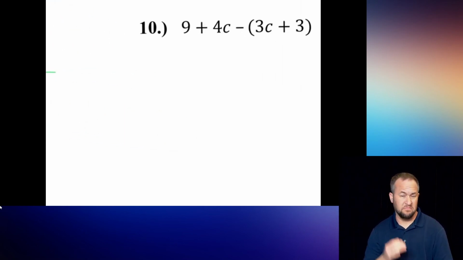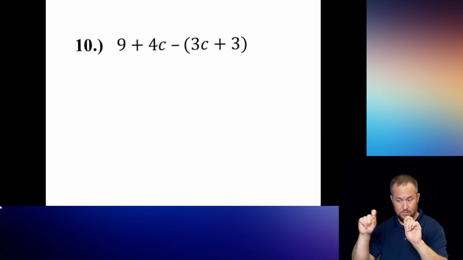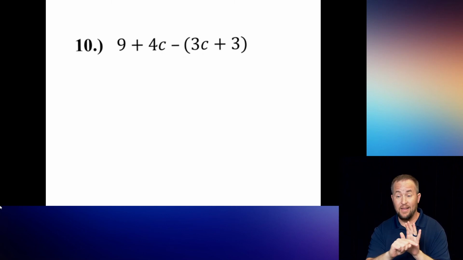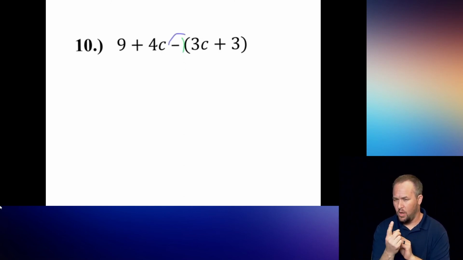Alrighty, and the last one we have before you are going to try is number 10. So I have 9 plus 4c minus, and then I just have those parentheses, right? So I'm actually going to distribute this negative, but we talked about this in 5.1. I have to include that negative 1. I'm going to put a 1 in there because that's actually what I'm distributing, this negative 1, to both terms.